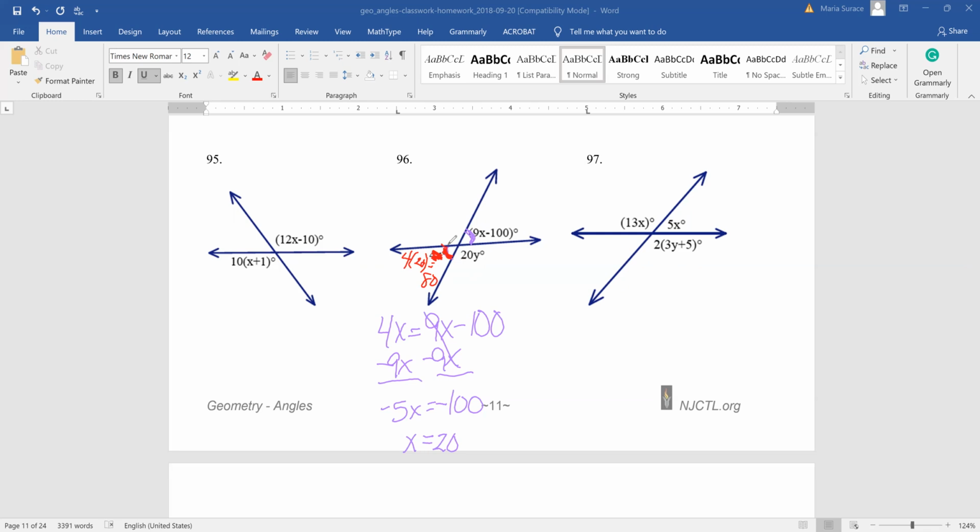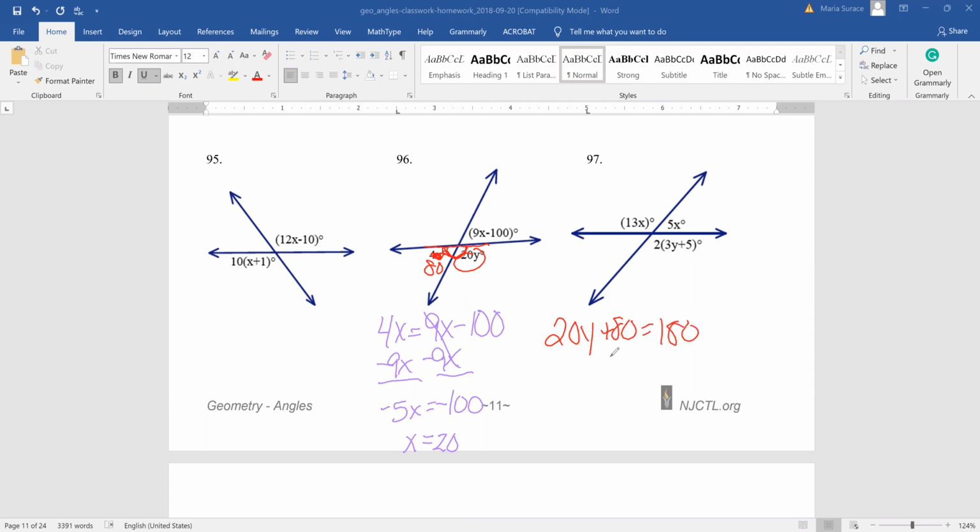That's going to help me because now I can figure out what 20y is. Together, this angle, which is now 80, and 20y make a straight angle, which is equal to 180 degrees. Therefore, 20y plus 80 equals 180 degrees.